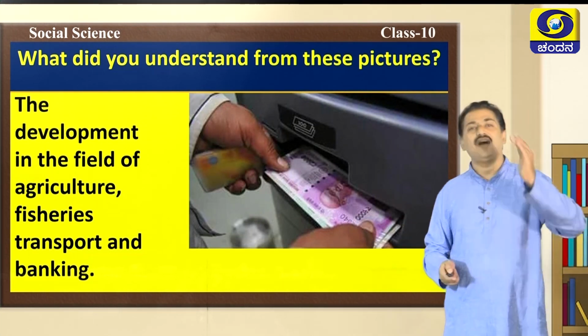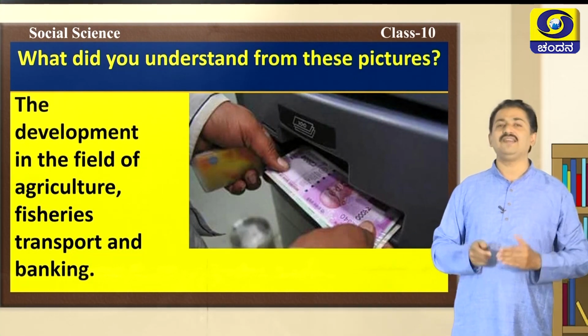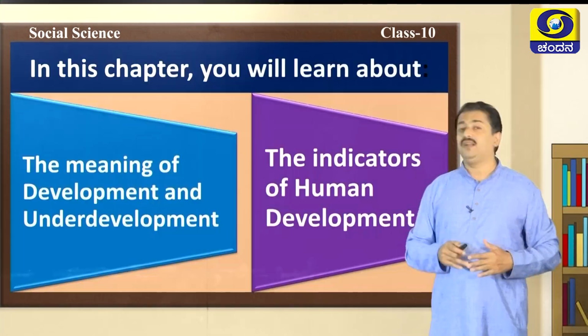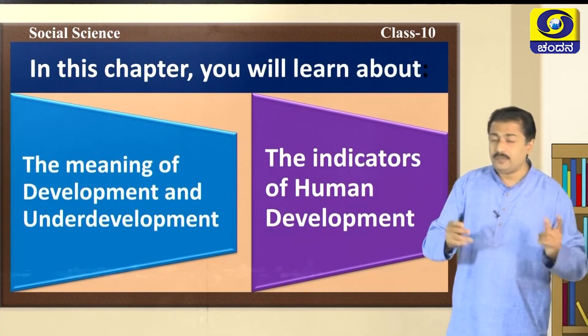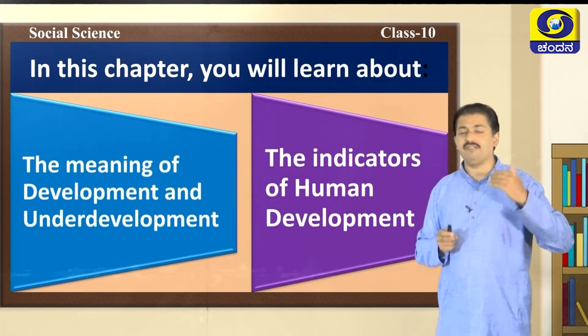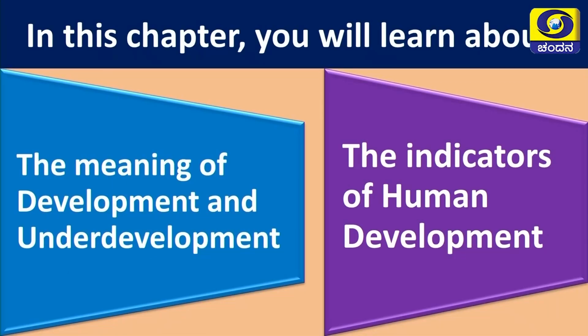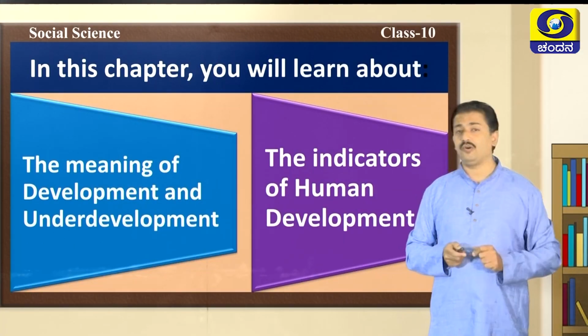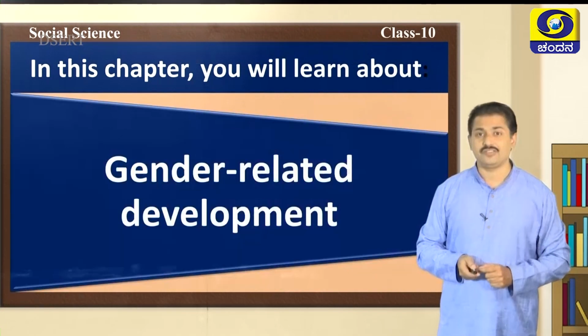Dear students, I welcome you to the new lesson in economics, first chapter, development. In this chapter you learn about the meaning of development and underdevelopment and also the indicators of human development. These are the two major topics of this lesson.